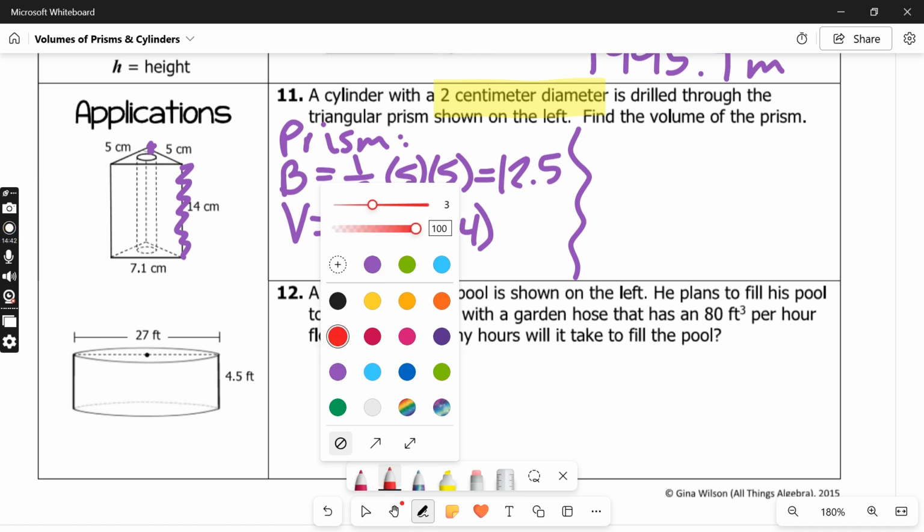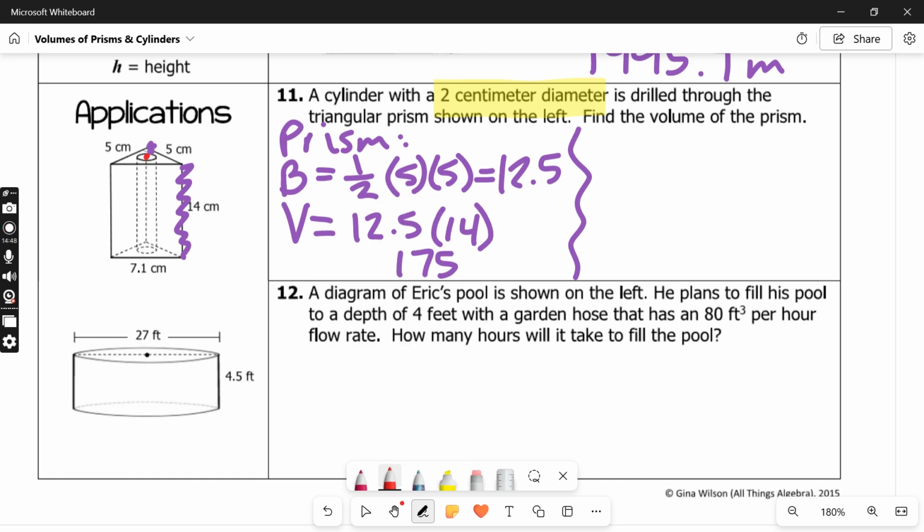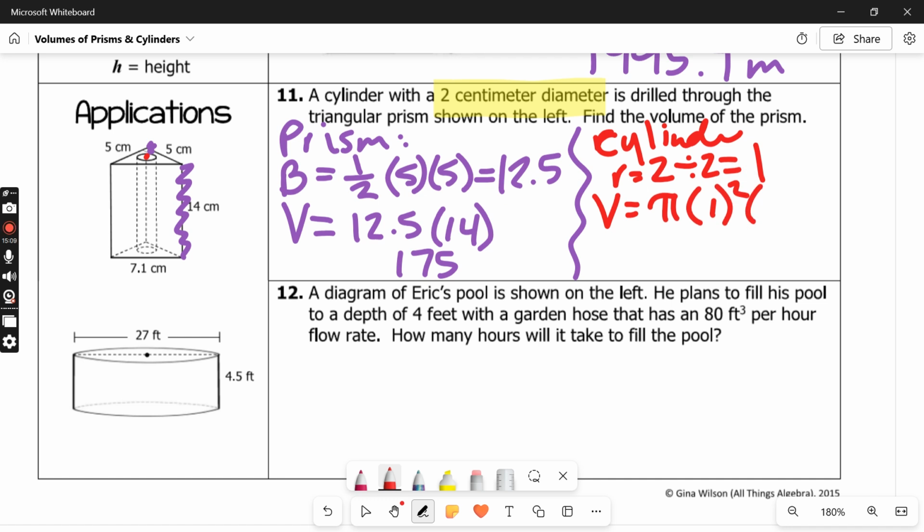Okay, then I'm going to find the volume of that cylinder. Now, what it tells me at the beginning of this problem is that the diameter is 2 centimeters. So that means my radius has to be 2 divided by 2, which is 1. So the volume of my cylinder is going to be pi times 1 squared, and then the height that's connecting my two circles is still 14.